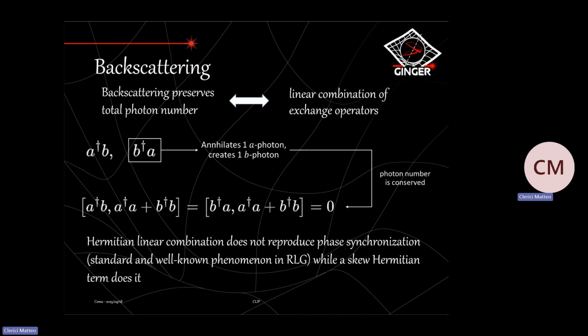The point is that backscattering preserves the total number of photons, so it's a linear combination of exchange operators. And what is nice is that the Hermitian linear combination does not reproduce the synchronization of the phase between the two beams, while you need a skew Hermitian term to reproduce this effect.